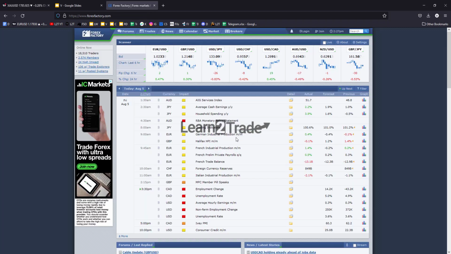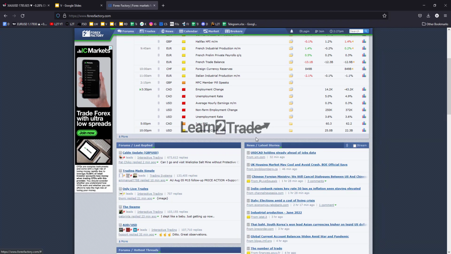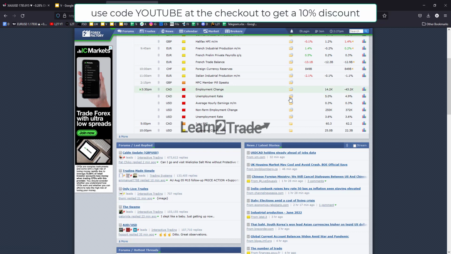Okay, let's take a look here on the economic calendar. Also, don't forget that the Canadian data could bring high volatility and sharp movements. Employment rate, unemployment rate, which is expected to grow from 4.9 to 5.0%.